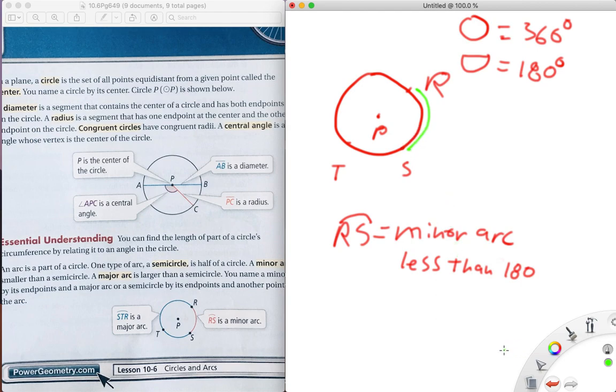Now, what if we had an arc bigger than 180 degrees, bigger than half a circle? So let's go all the way around here. We would call that arc STR, and we would call that a major arc.